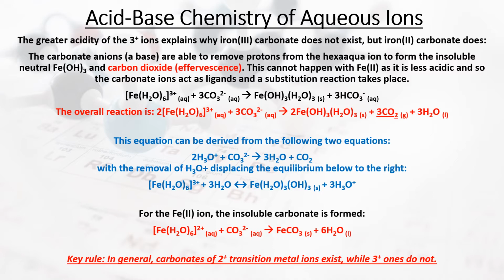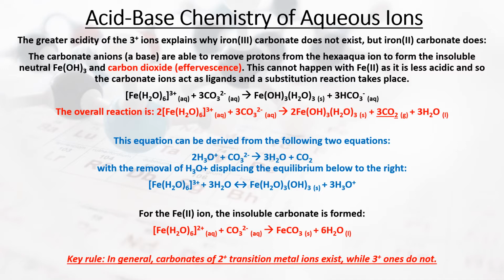So the key thing is the 3+ acts as an acid, carbonate reacts as a base. What we end up seeing is a neutral complex, the insoluble precipitate of our hydroxide. This can't happen with the Fe2+, because it's less acidic, the carbonate anions act as a ligand, a substitution reaction takes place, and we form iron carbonate.